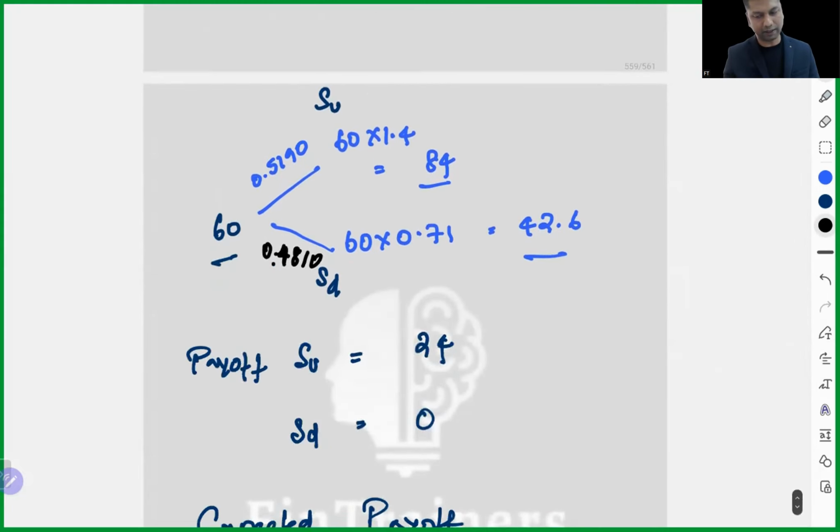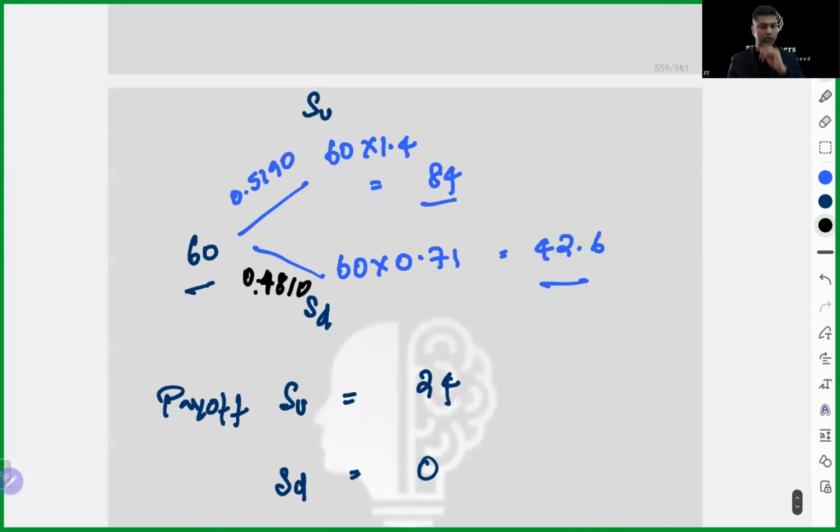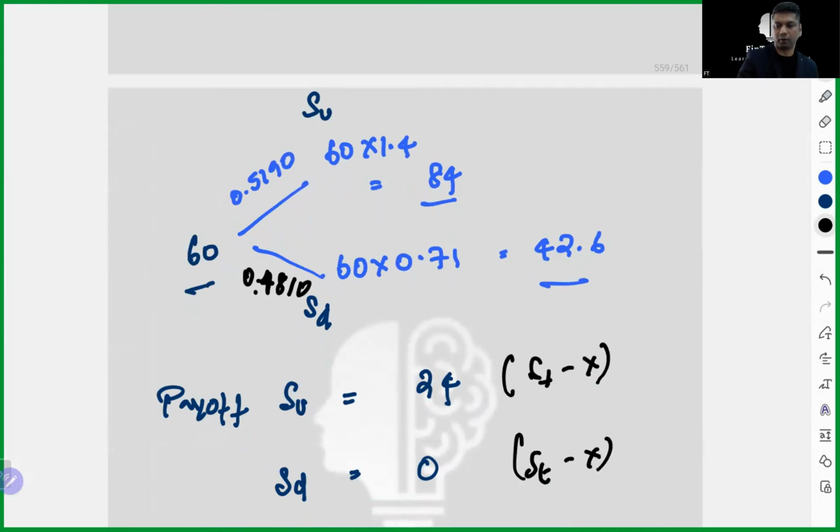We are going to calculate the payoff first. So this is a call option, so the payoff is ST minus X. ST is 84, X is 60. We said the strike price is 60. If my spot is 84, my payoff is 24.